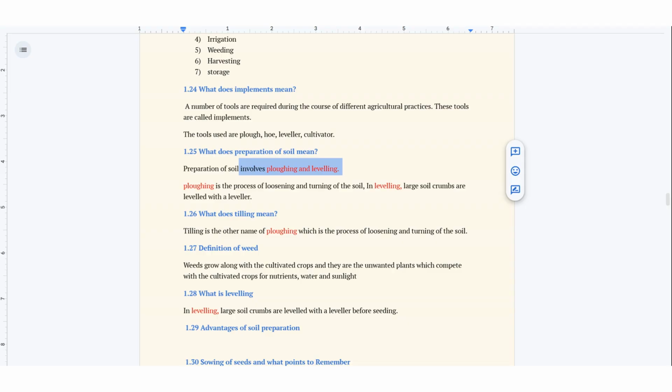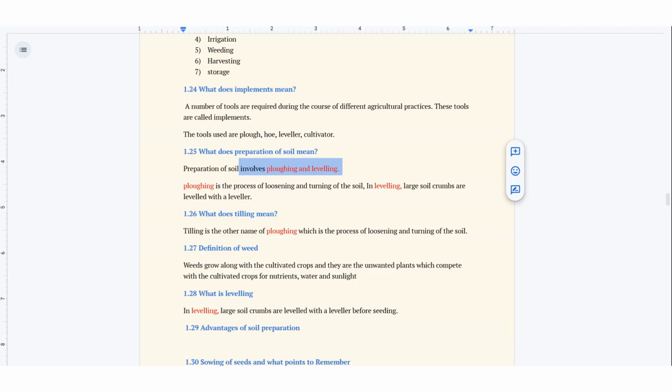Now, what you have to elaborate? What is soil preparation? Soil preparation involves plowing and leveling. Plow we already saw. You take that tool and draw lines, loosen the soil, and remove other things.